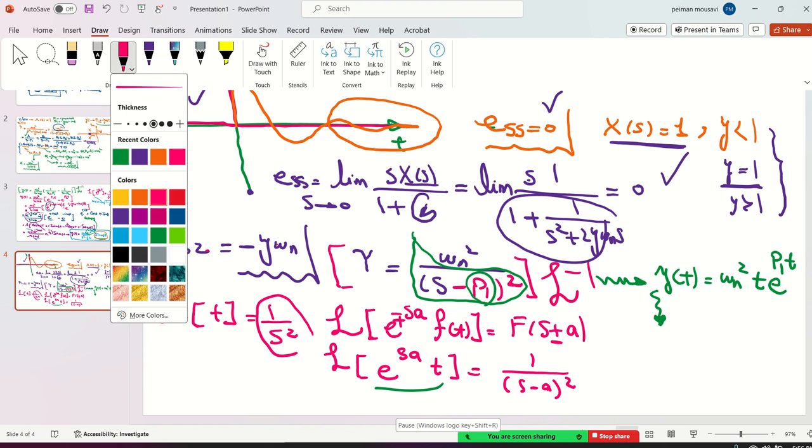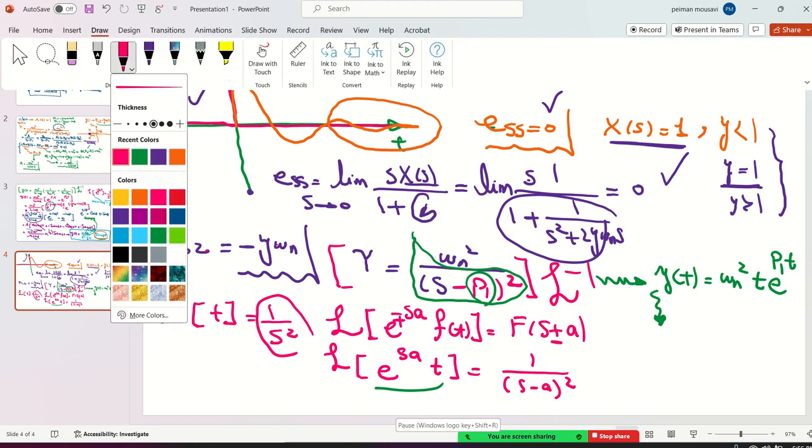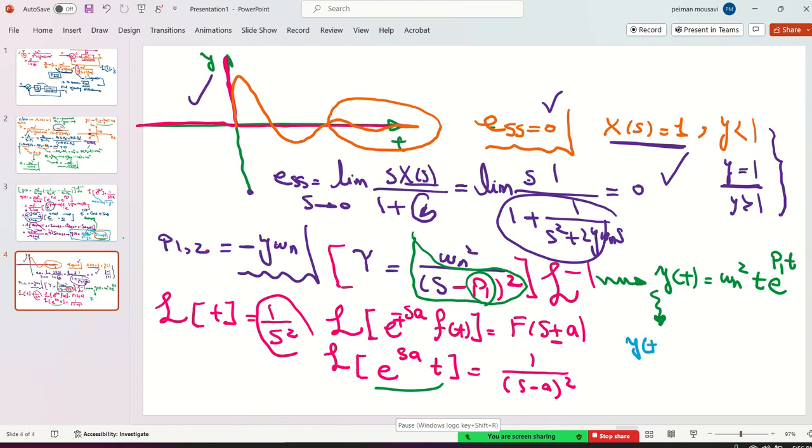So let me change the color. So y of t for the impulse input, but for the critically damped system, is omega n squared t e to the minus zeta omega n t, multiplied by t.